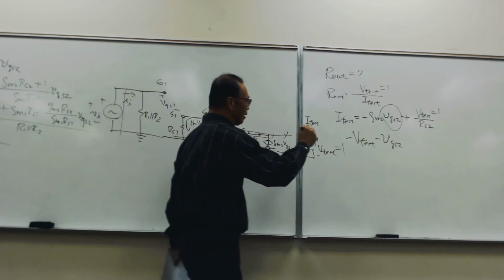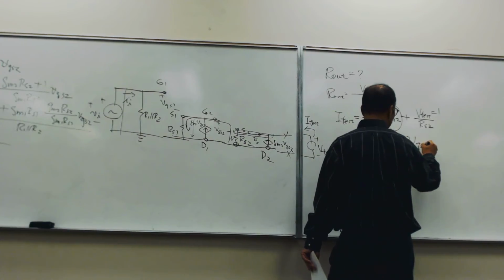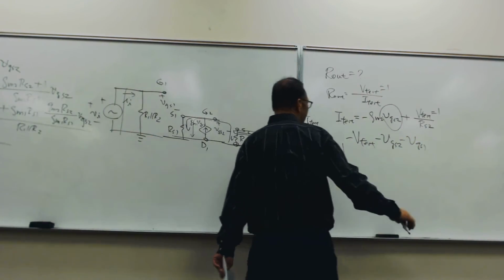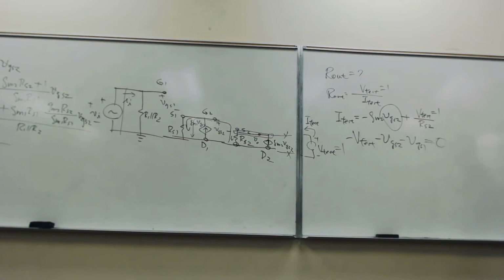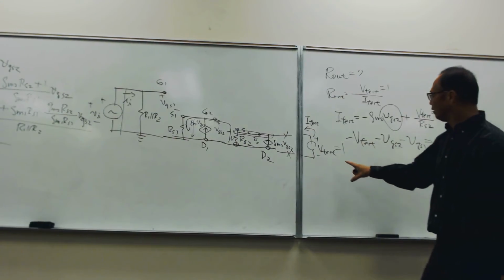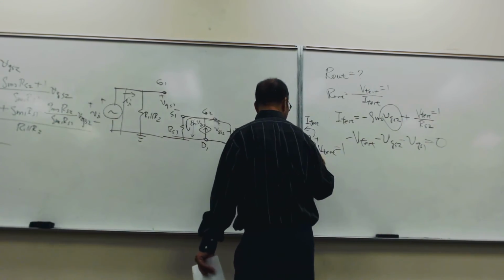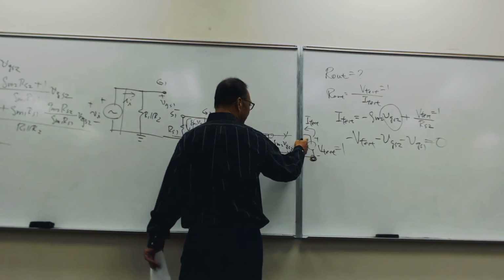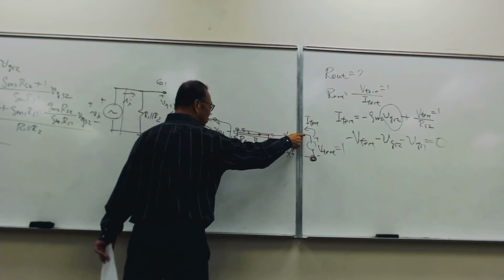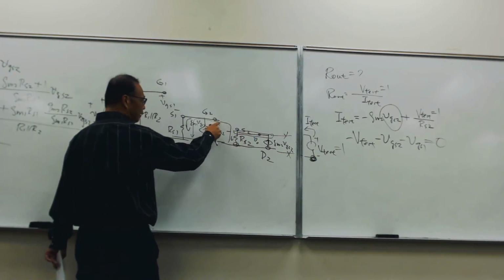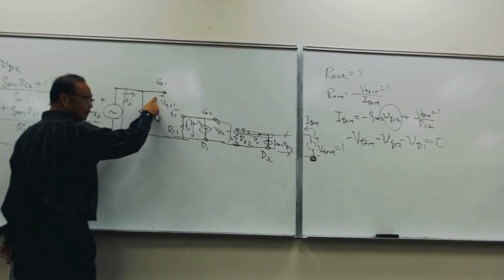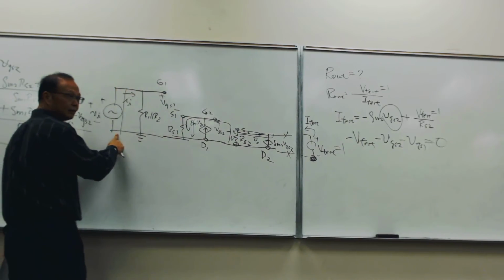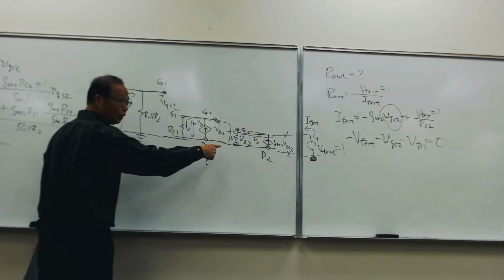Again, minus VGS1, and then where? To the ground, 0. You see that? This, right? I'm going to go from the ground, right? Ground. Okay? Ground here, right? And then this is all short circuit, right? And then here. Yes? And here. Then this is ground. So I'm back from ground to ground.